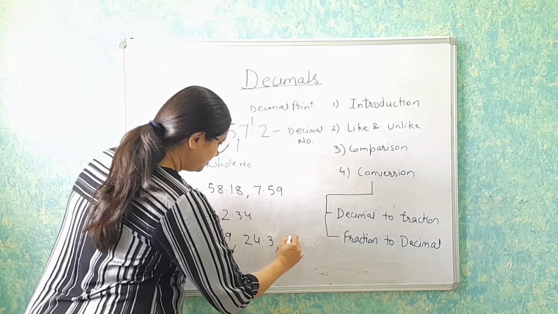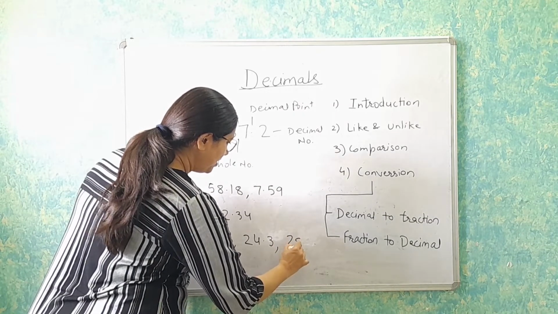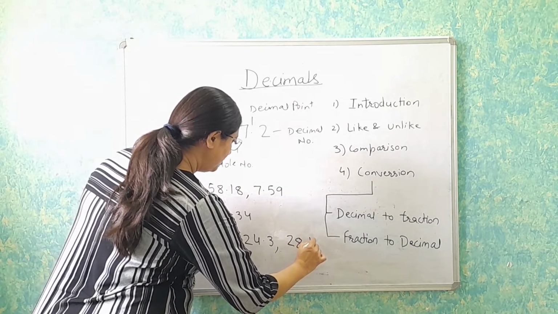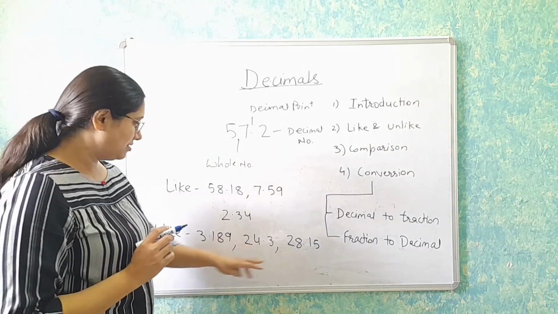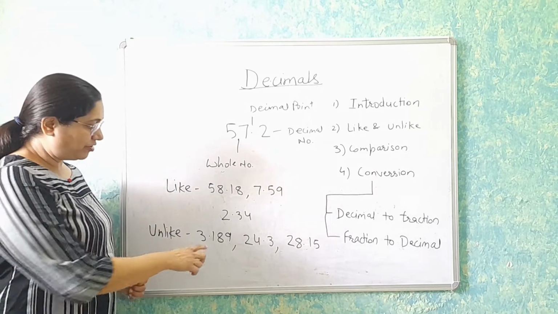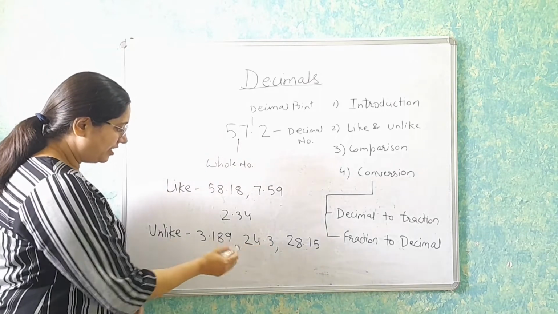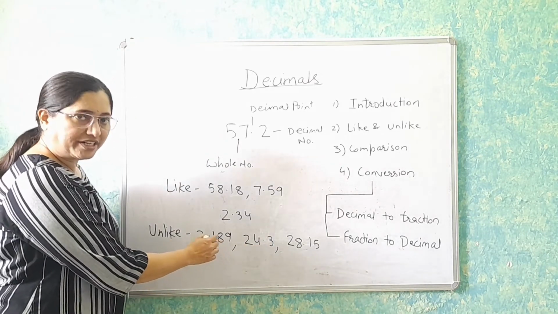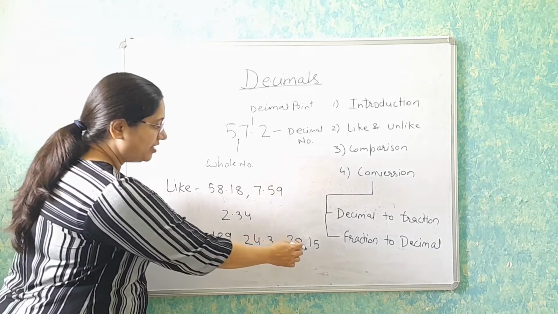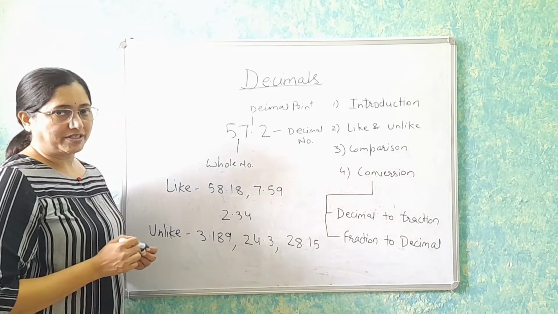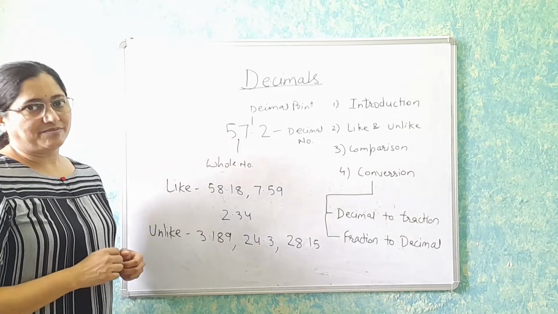Third one, 28.15. See, there are three numbers. All the numbers have different number of digits in decimal part. In this number, there are 3 digits in decimal part. In this number, just 1 digit in decimal part, and it has 2 numbers in decimal parts. So they are called unlike decimals.